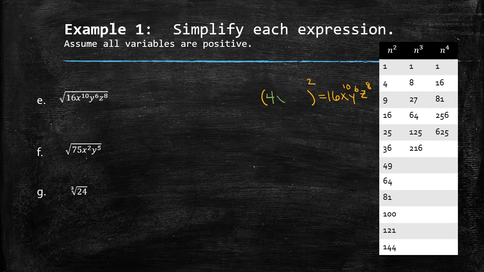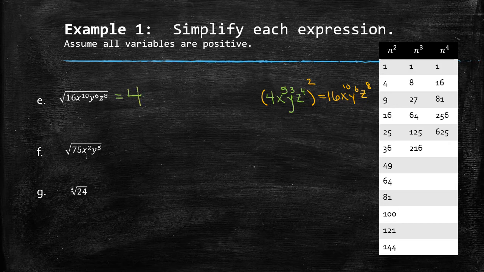I need x to some power such that when I square it, I come up with x to the 10th. And remember, if I have a power raised to a power, I multiply my exponents together. So this must be x to the 5th. Y would have to be raised to the 3rd power, and z to the 4th power. Again, this way, when I have my power raised to a power, I'll end up with y to the 6th and z to the 8th.